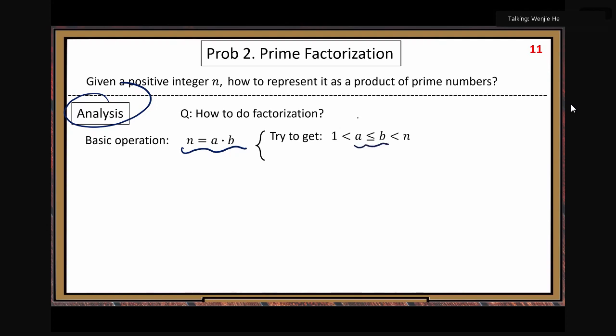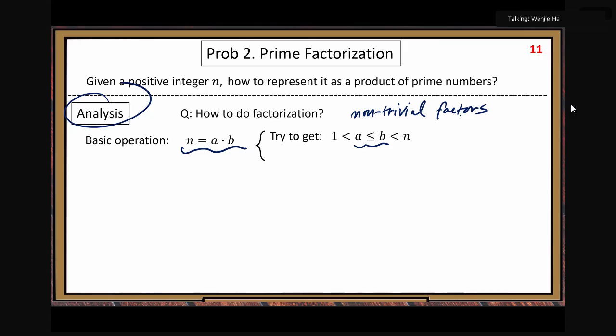Here we call a and b non-trivial factors. The trivial factors, 1 and n, we call trivial because you do not need to do anything with these 2 factors. But now we are interested in non-trivial factors.